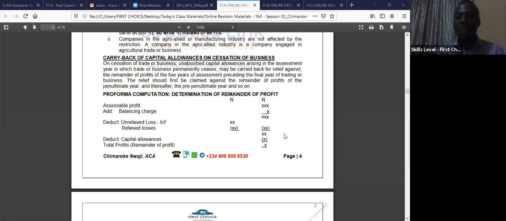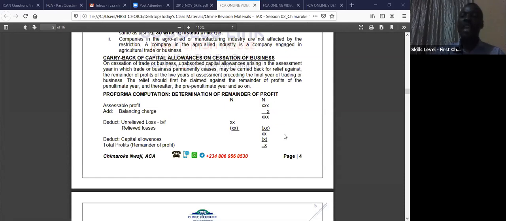Normally, your loss in 2020 is lost permanently. That is the rule for loss. We'll talk about loss. It's lost permanently. But capital allowance is not lost permanently. You have the option of capital allowance carried backward, because since the business has ended, you cannot carry forward.